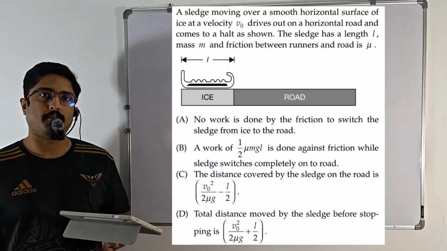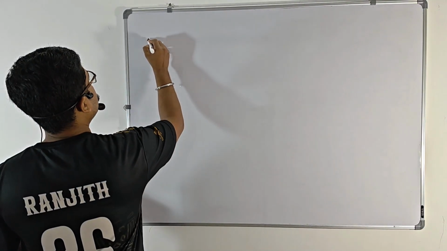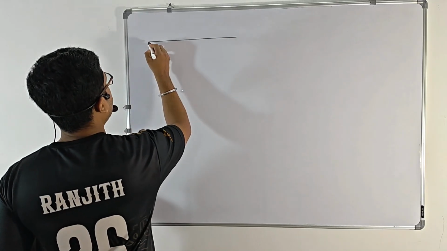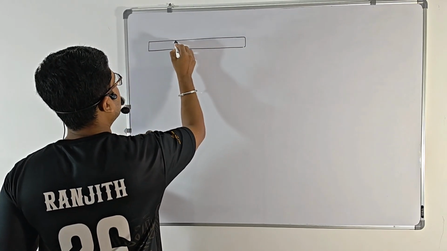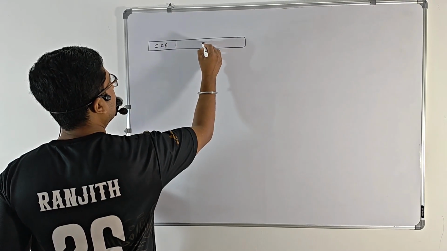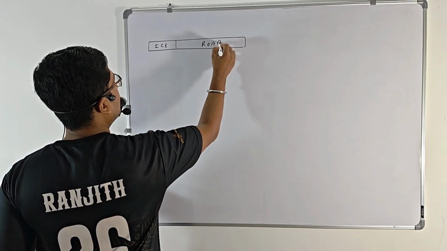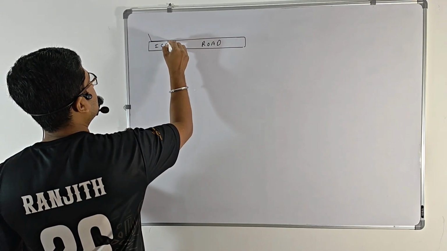So first, let us draw the diagram. As per the question, this is the ice and the road interface. Here you have the ice on this side, and on this side you have the road. The sledge is right now in this position.